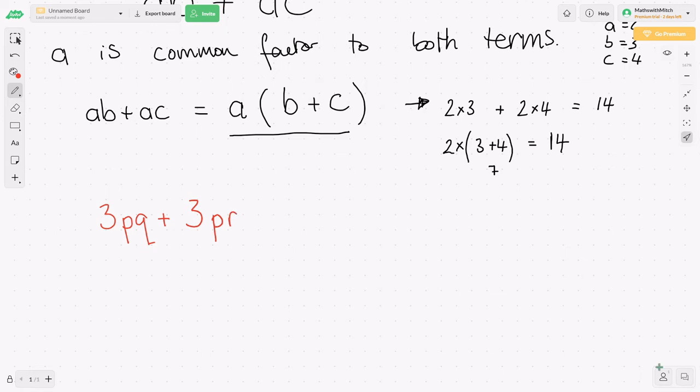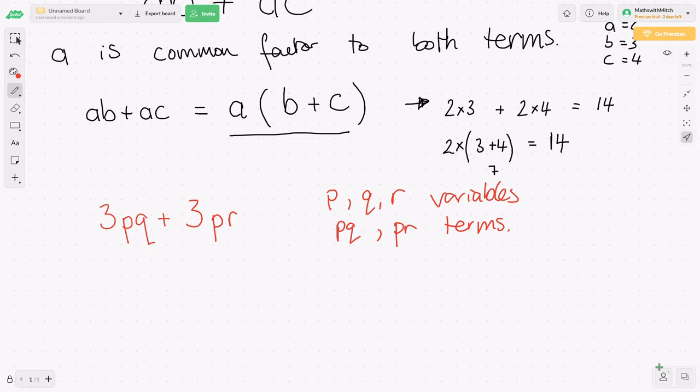Okay, so now we have this as an algebraic expression. It looks kind of similar as before, but again, let's just be clear. P, Q, and R are all variables. And this time we've got two different terms, PQ and PR.